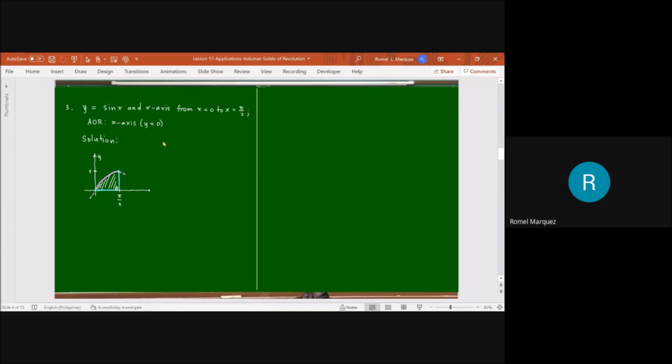If I'm going to revolve that about this line, this is what I will be able to generate. From here, this is my pi over 2. This is the y equals 1, where they will meet. So this is the curve, and we are going to revolve this region. Here is the reflection, meaning this is -1.